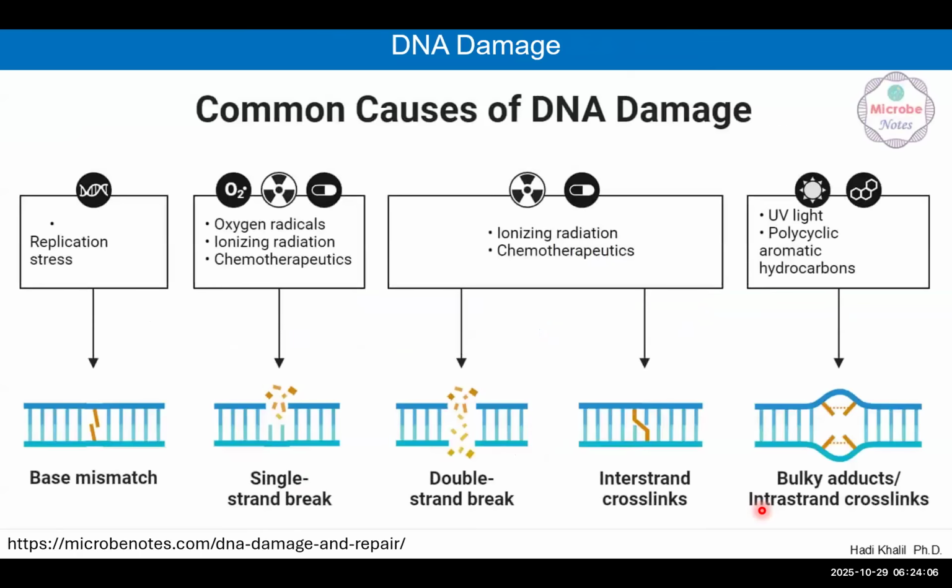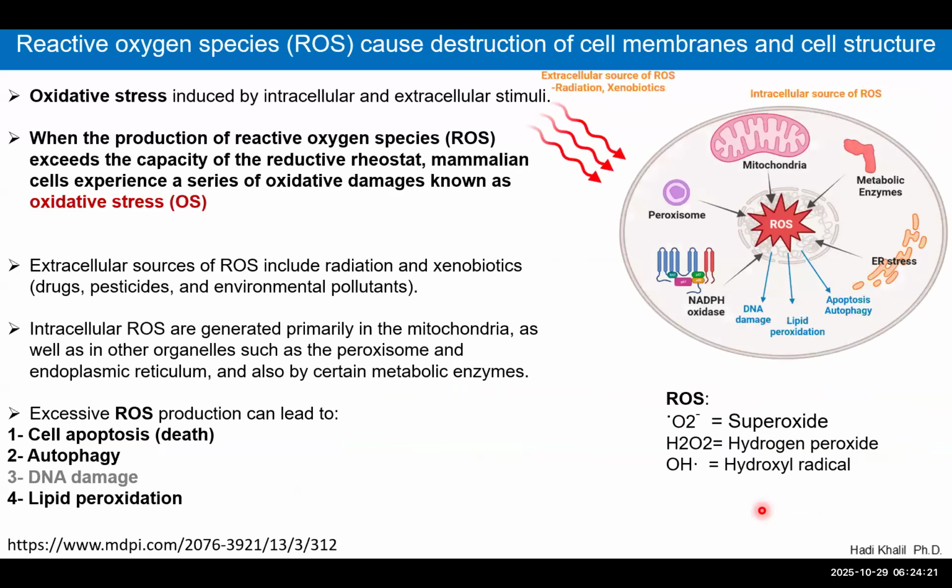And we also described extensively how we try to repair those breaks after reactive oxygen species or stress that causes DNA damage. What we didn't describe is the induction of cell death and lipid peroxidation.